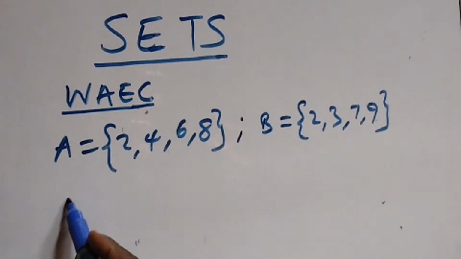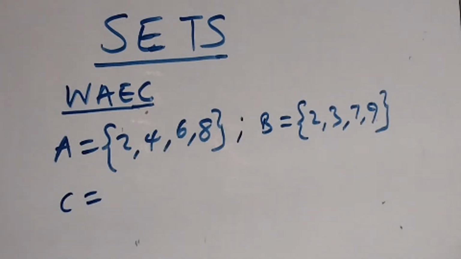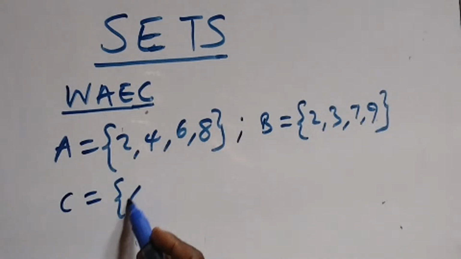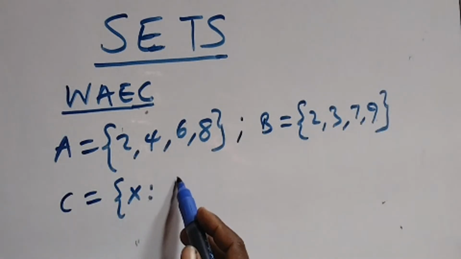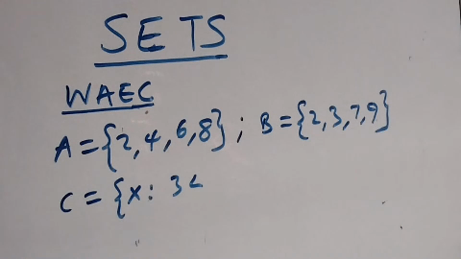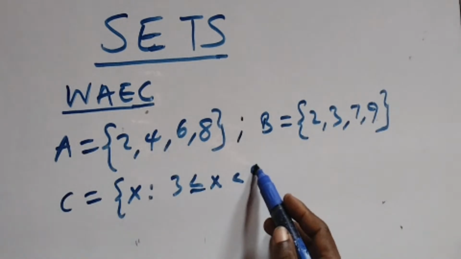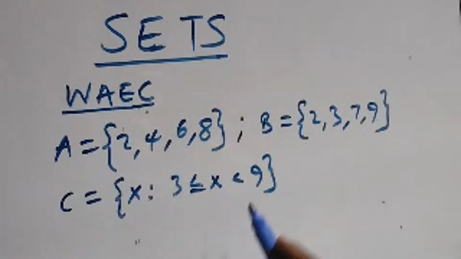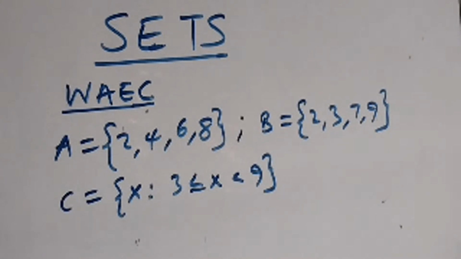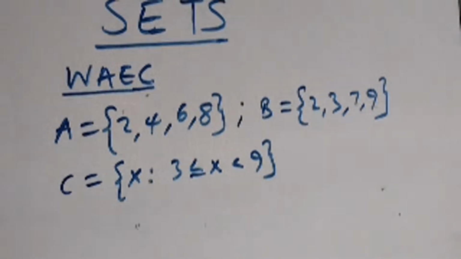Then we have C, given as the set of x such that 3 ≤ x < 9. Okay. Now the question says we should find the first one here.